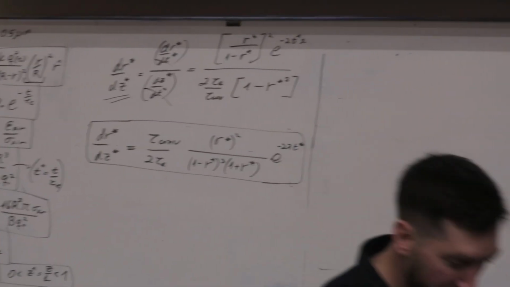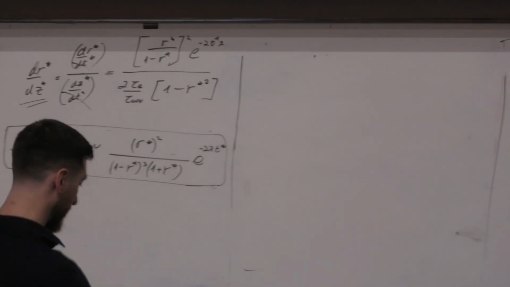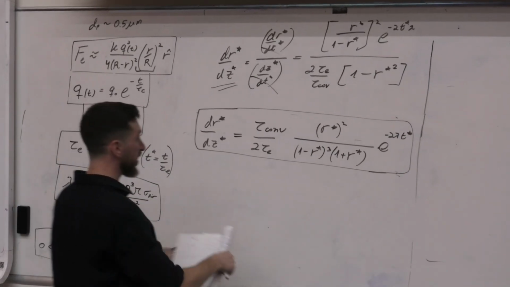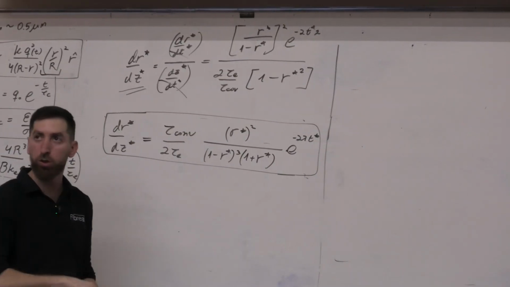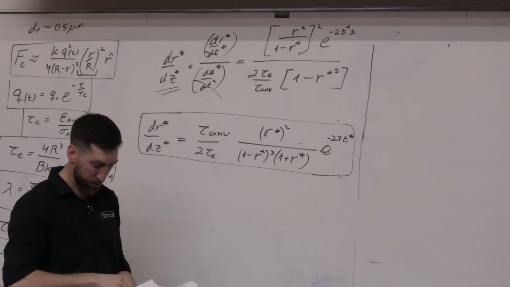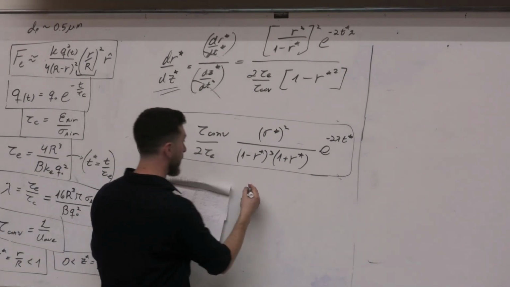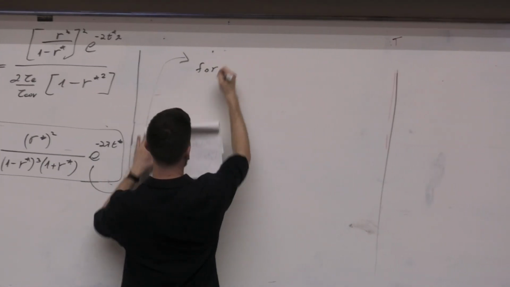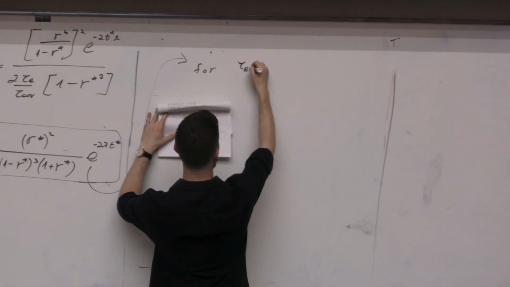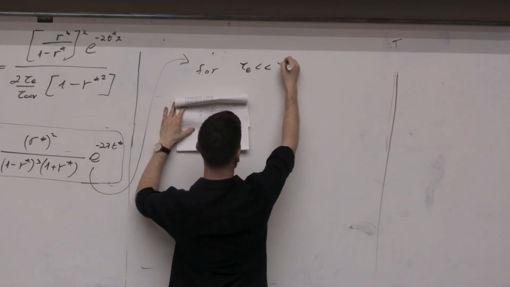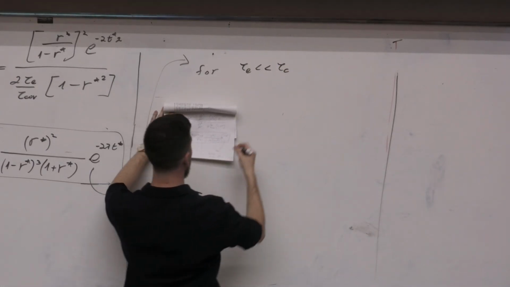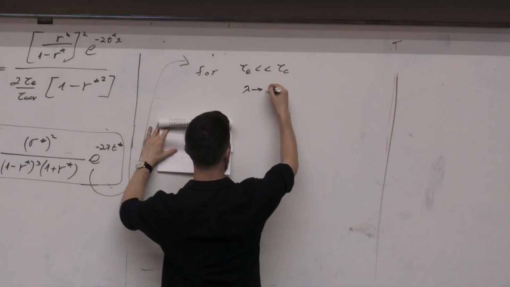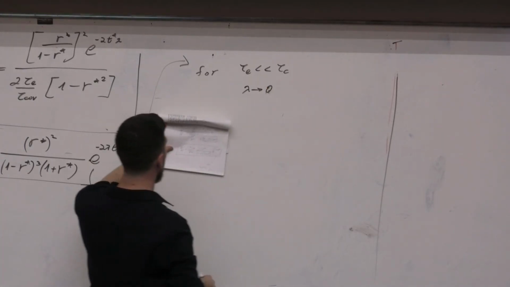So at the moment, I'm going to take an approximation to simplify things. So again, I assume that charge decay is not relevant. Okay, so for tau E much faster than tau C, the lambda goes to 0, and the exponent goes to 1.